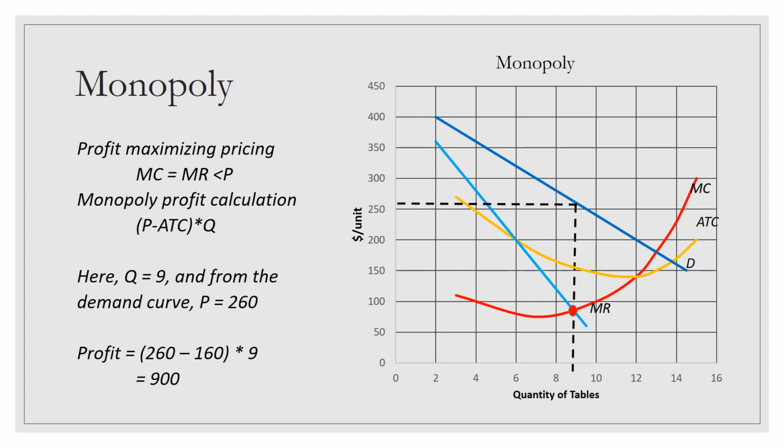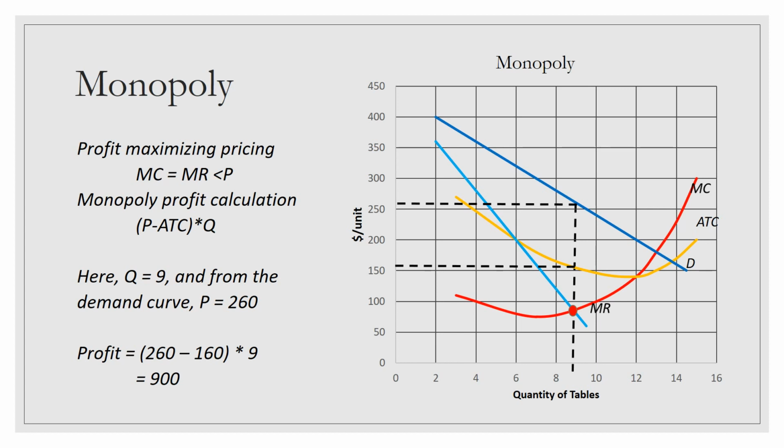To calculate how much profit that really yields the monopolist, well, again, what's the price that they receive for every unit, and what's the cost on average for every unit? We calculate this the same way we did back in the perfectly competitive case. The gap between the price received and the average cost per unit of producing that many units of the good.